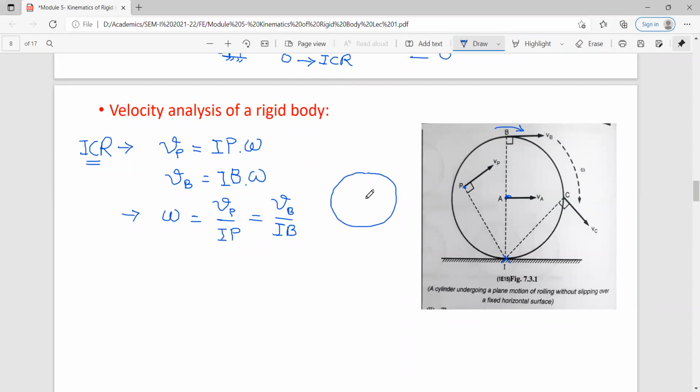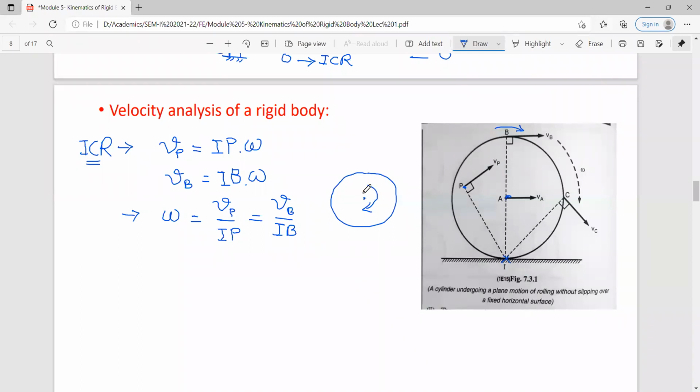It is in the air, you can say. And if this cylinder is rotating like this, it rotates in place. So the center of rotation is on the cylinder itself, right? Correct or not? Yes, sir.